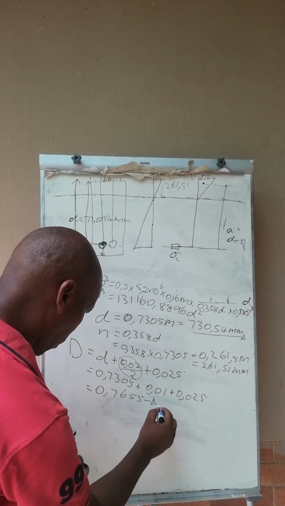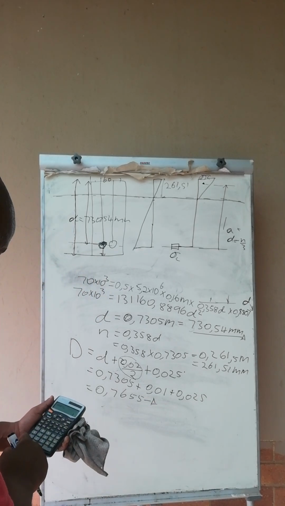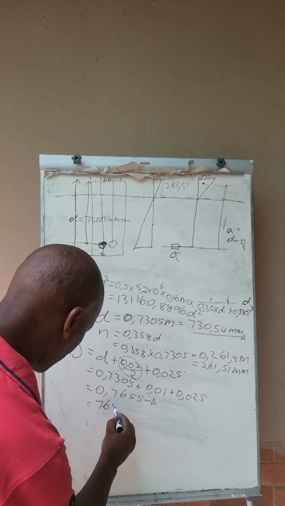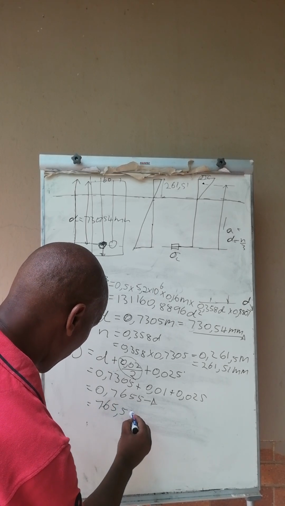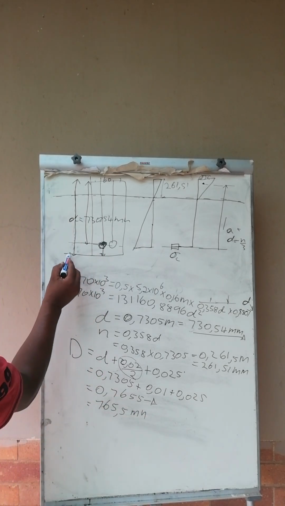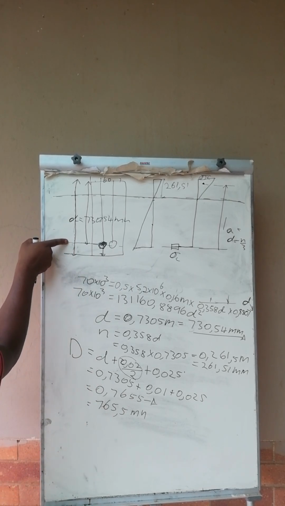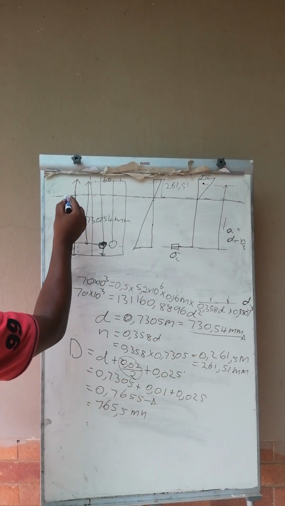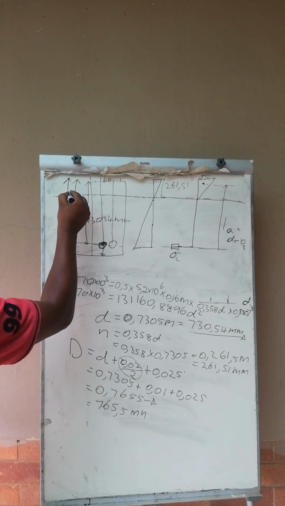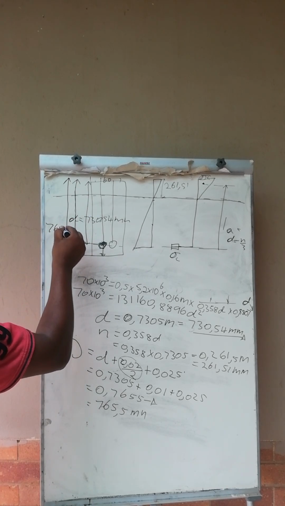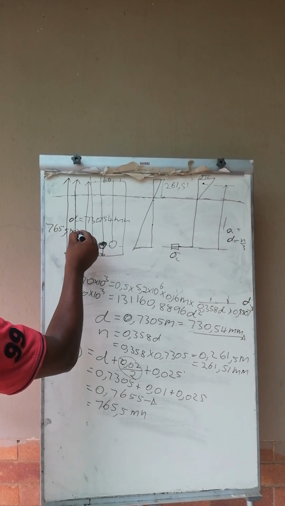If we convert it to millimeters, it is equal to 765.5 millimeters. It is that distance. It should be bigger than that distance, which is 730. So the distance from there up to there is 765.5 millimeters.